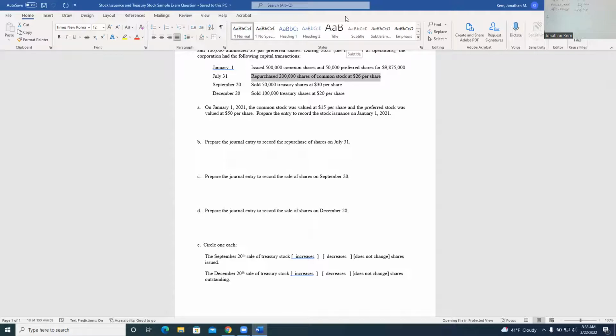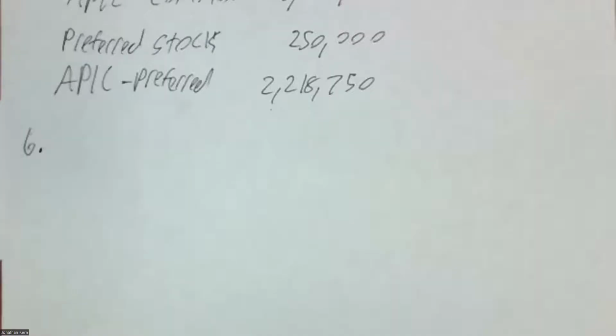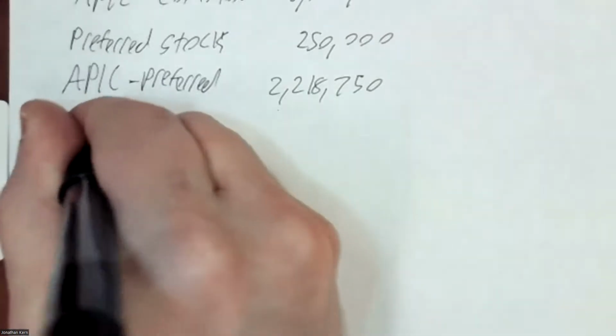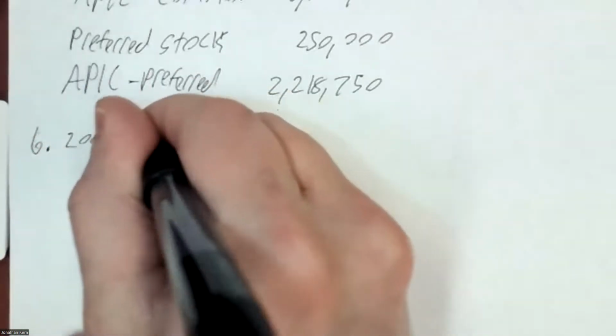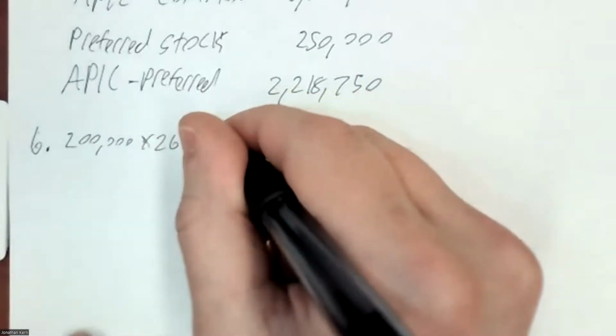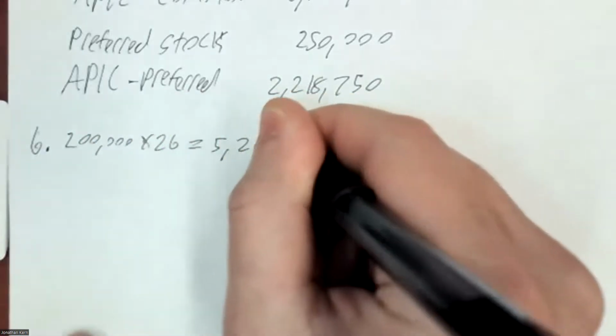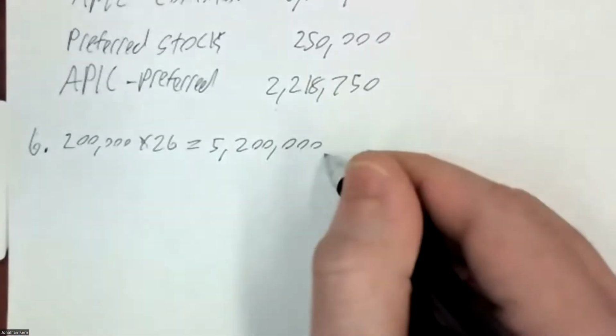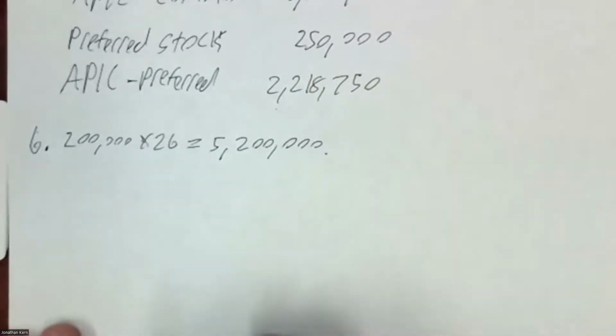So all we need to do is multiply 200,000 shares times $26, and that'll give us $5,200,000 of cost. That's how much it costs to repurchase these shares.